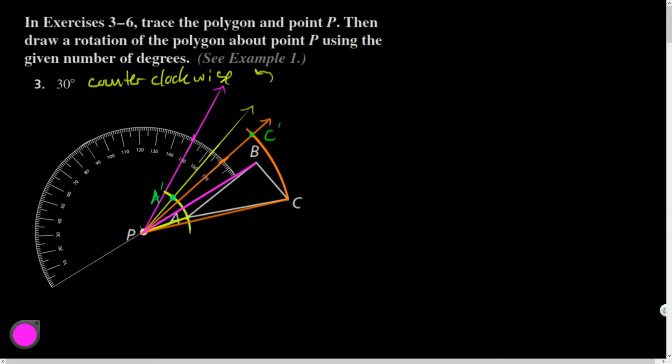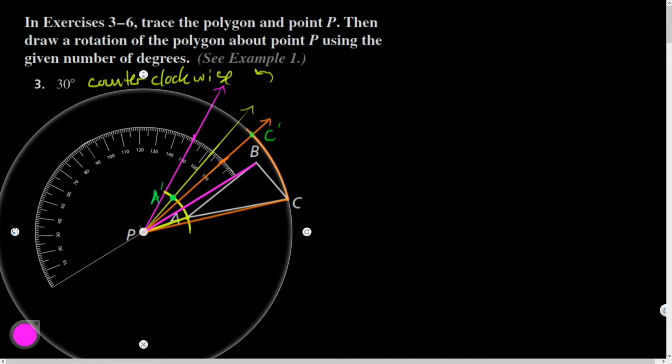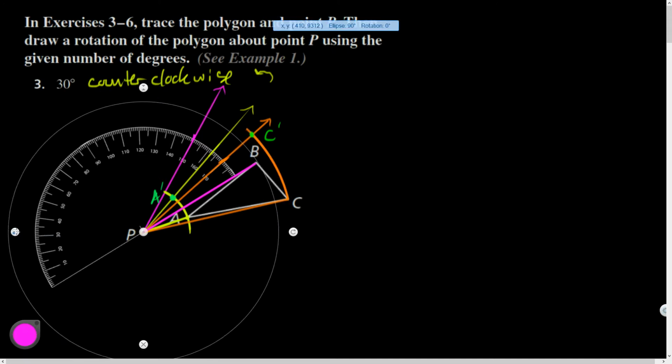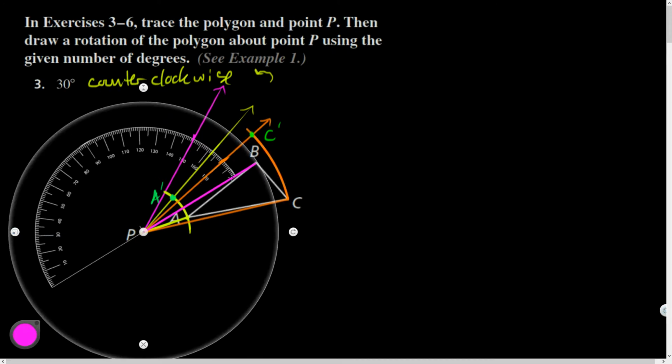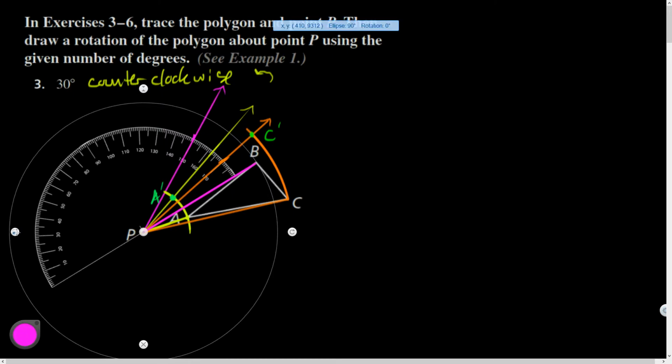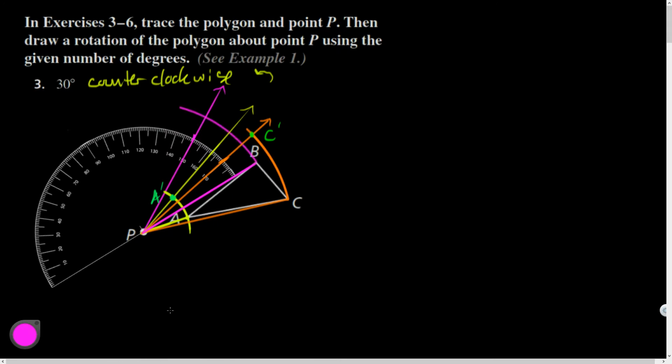And that's all points 30 degrees from PB. We want specifically one that is PB units away. I'm going to change the radius. We will swipe. Right there is going to be B prime.